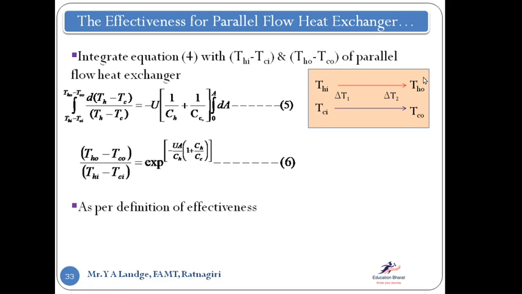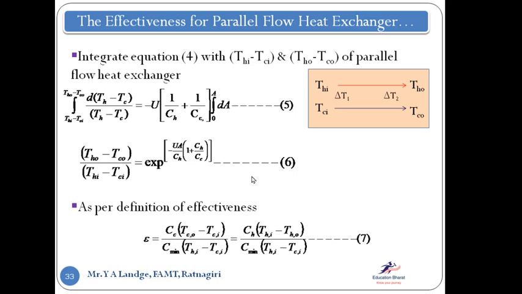After this, we try to eliminate the temperatures, because in the effectiveness-NTU method we do not want the temperatures, as they are limited in availability. So first we define what is meant by effectiveness. Effectiveness is Q actual by Q max, as we already saw in the last video.